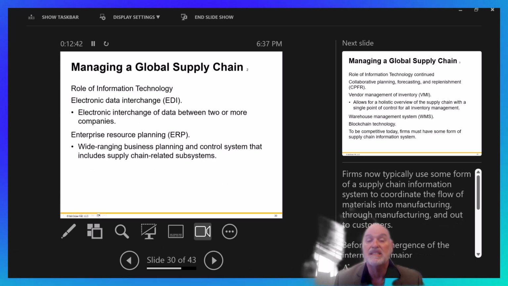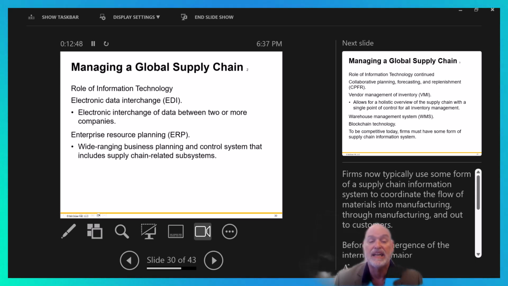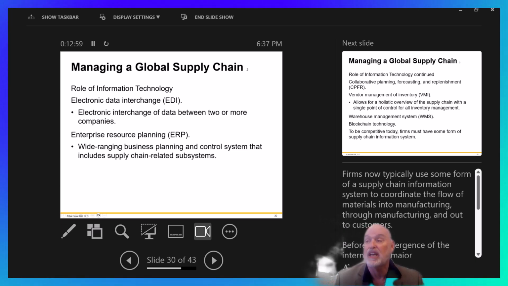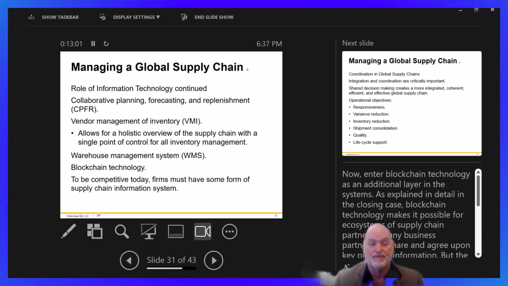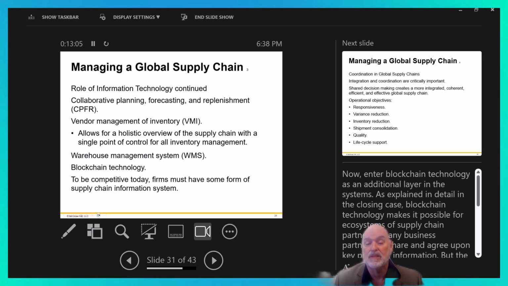The role of IT, or information technology. You've got something called electronic data interchange, or EDI, the electronic interchange of data between two or more companies. And then you have ERP, enterprise resource planning, a wide-ranging business planning and control system that includes supply chain related subsystems. Collaborative planning, forecasting, and replenishment.